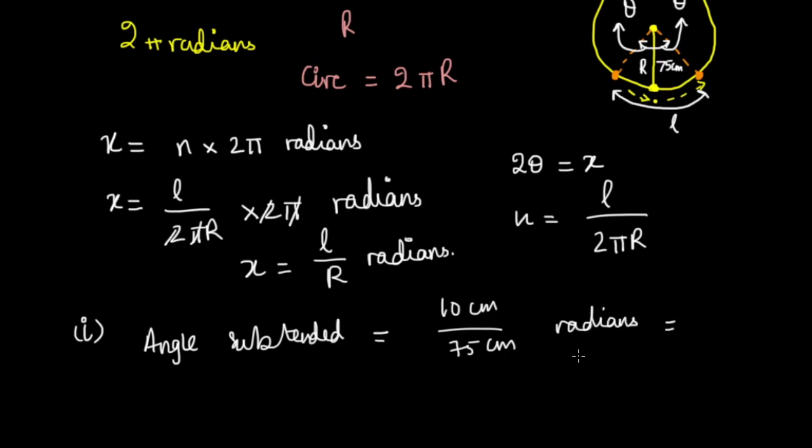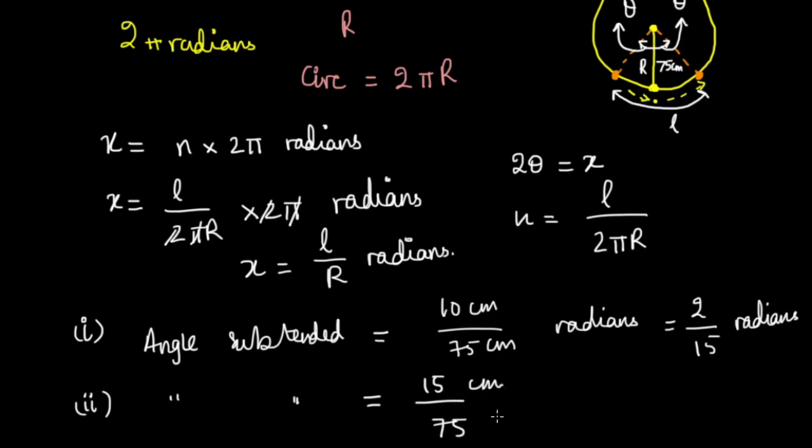If you cancel by 5, this would be 2 by 15 radians. Next, for the second one, again the angle subtended is equal to 15 divided by 75, and centimeters cancel out, so this is in radians. So this would be 1 by 5 radians.